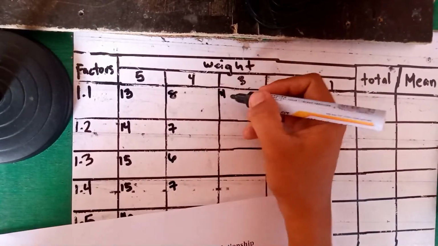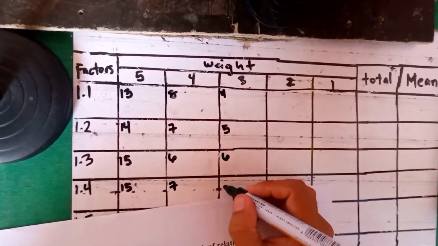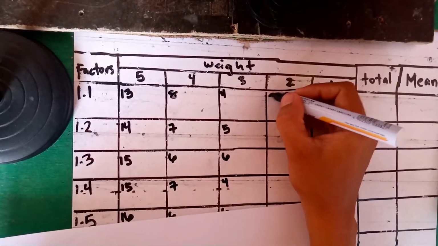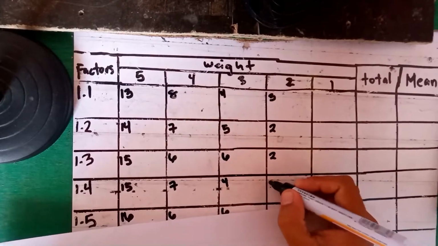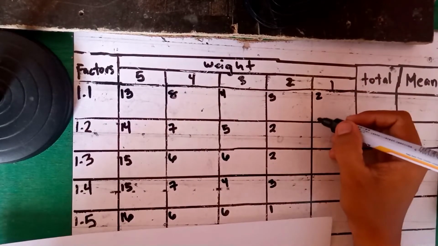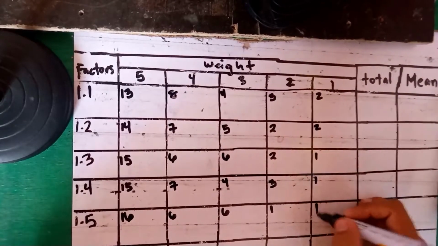We have 4, 5, 6, 4, and 6. We have 3, 2, 2, 3, and 1. We have 2, 2, 1, 1, 1.